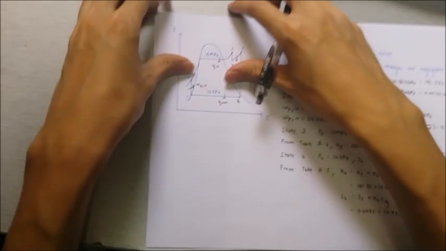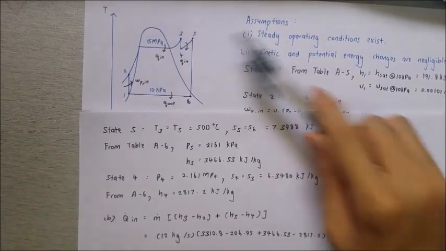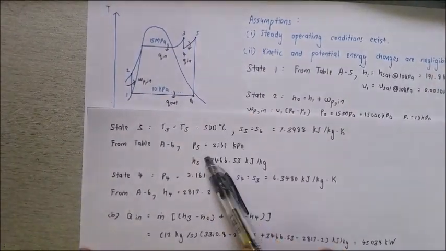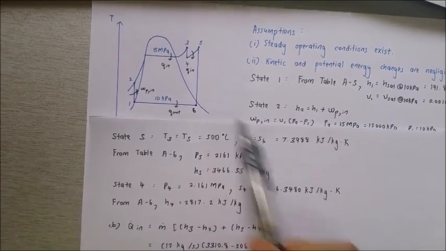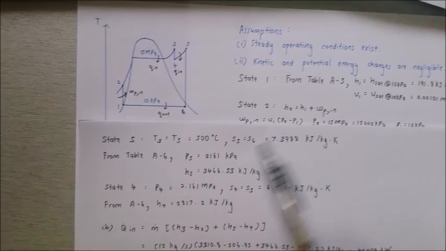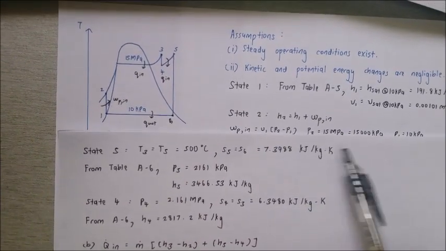Next, for state 5, T5 equals T3, so equals 500 degrees Celsius, and S5 equals S6, since it's an isentropic process, so it equals 0.3988 kilojoule per kilogram Kelvin.